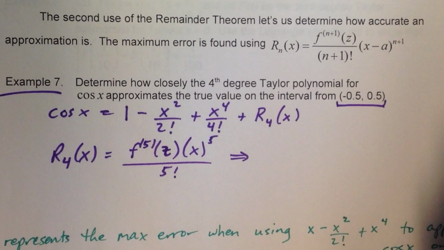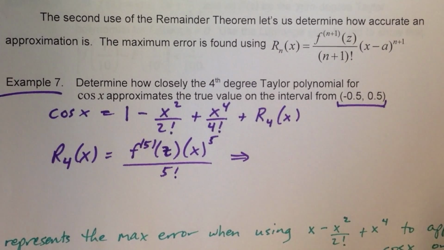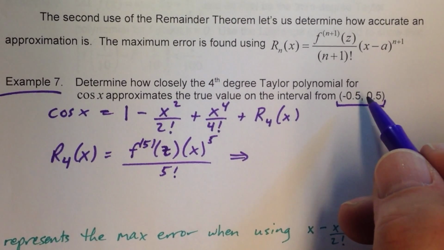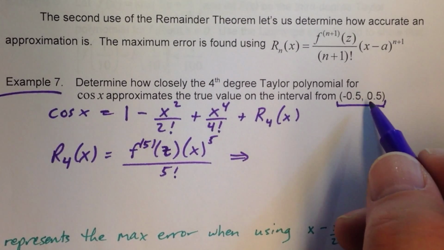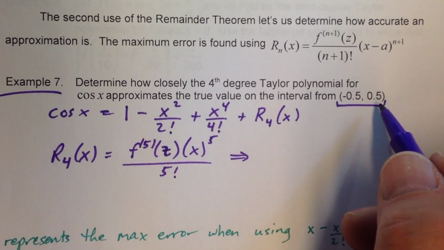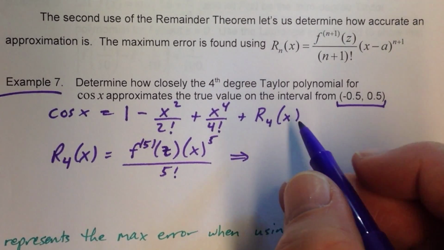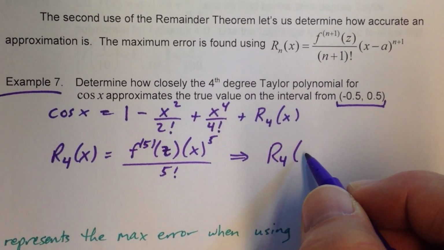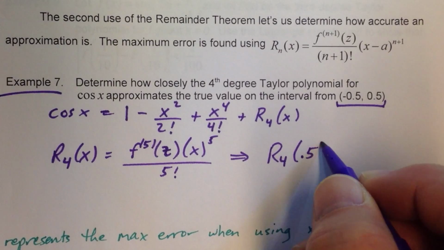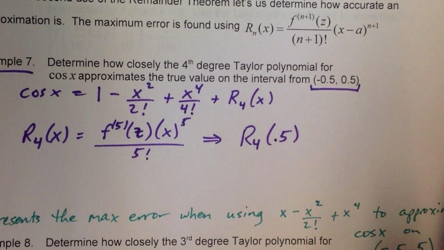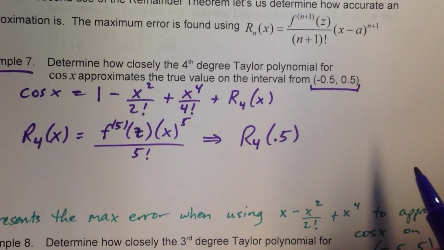On any interval from right around where the polynomial is centered, we can either go left 0.5 or right 0.5, but let's just go ahead and go to the right 0.5 and estimate the maximum value that R4 of 0.5 can be, and then I'll talk about how we handle the negative 0.5 as well.